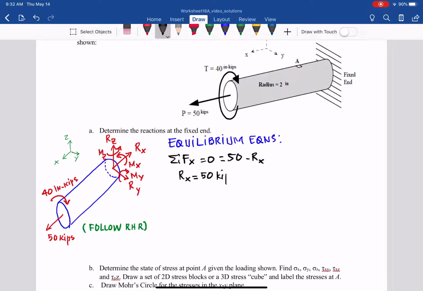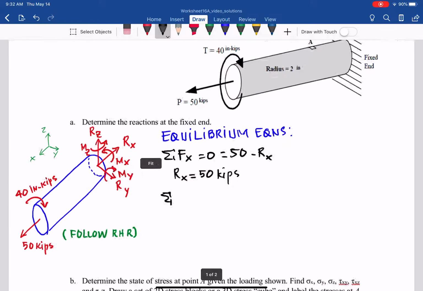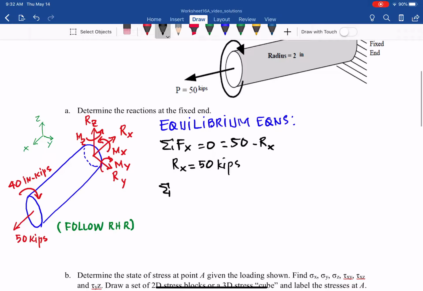The 50 kips load is opposite the x-axis, and the positive 50 means the reaction is in the same direction as we assumed in the free body diagram. Sum of all the forces in Y equals 0, so Ry equals 0. Similarly, sum of all the forces in Z equals 0, so Rz equals 0.